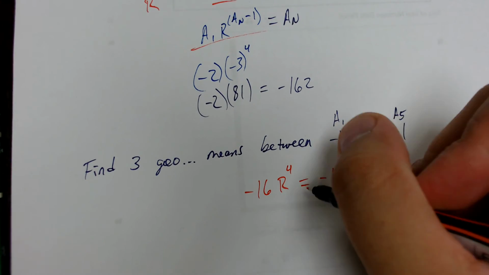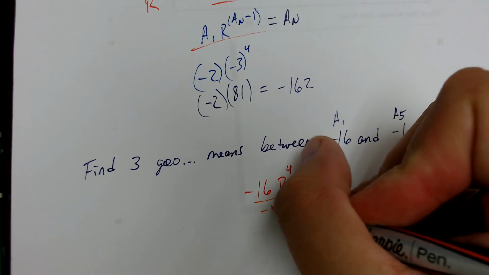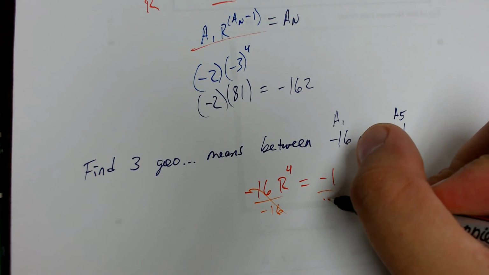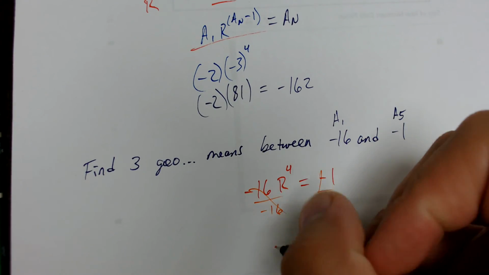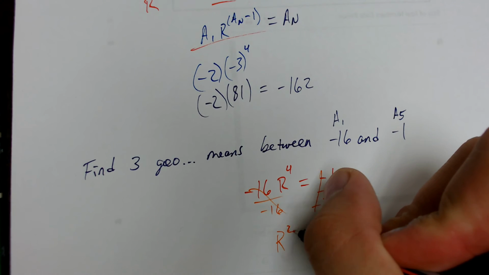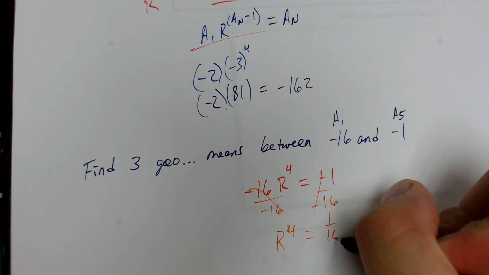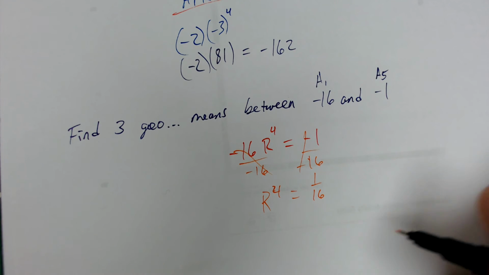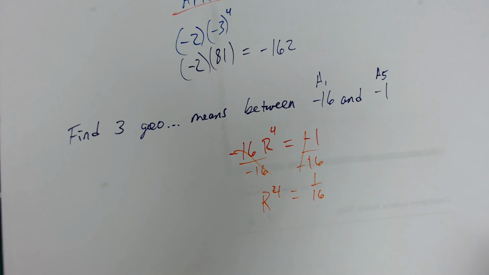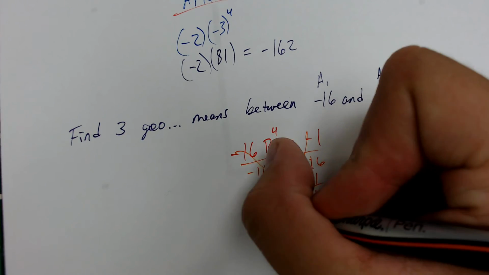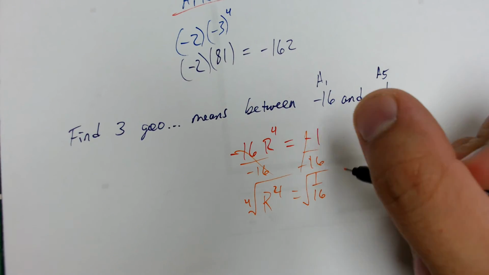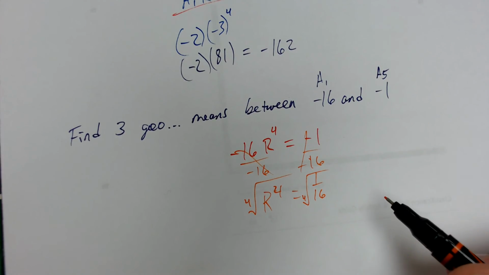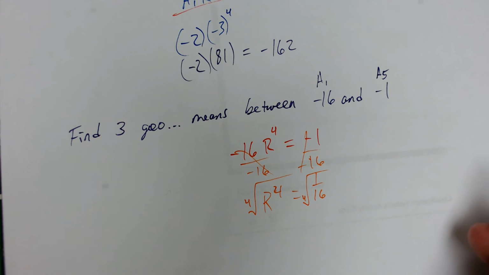So I can go ahead and divide each side by negative 16. That becomes positive. So now I know that r to the power of 4 is equal to 1 over 16. We can use some exponents, or we could just take the 4th root of each side, because I know that the 4th root of 16 is 2.